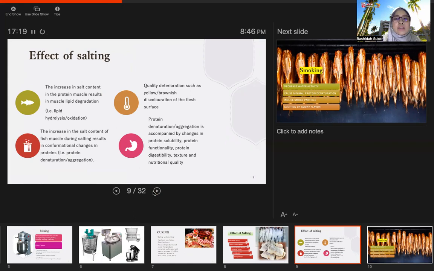Also, the increase in salt content of the fish muscle during salting will result in conformational changes of protein. You have to go back to your slides on protein. There are different conformations of protein, from primary to tertiary to quaternary, and you have to see what happens if you add salts to the protein.